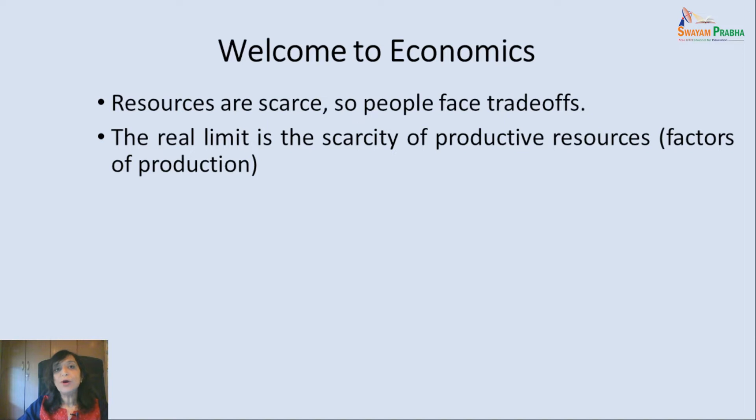I am sure many of you know the various factors of production. The four basic factors of production that we talk about are land, labor, capital, and entrepreneur. All these productive factors have a limit to their availability. Hence we say that there is scarcity of these productive resources.